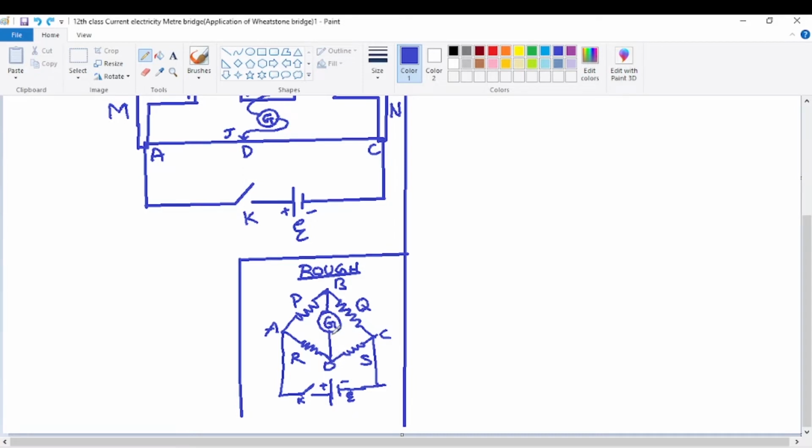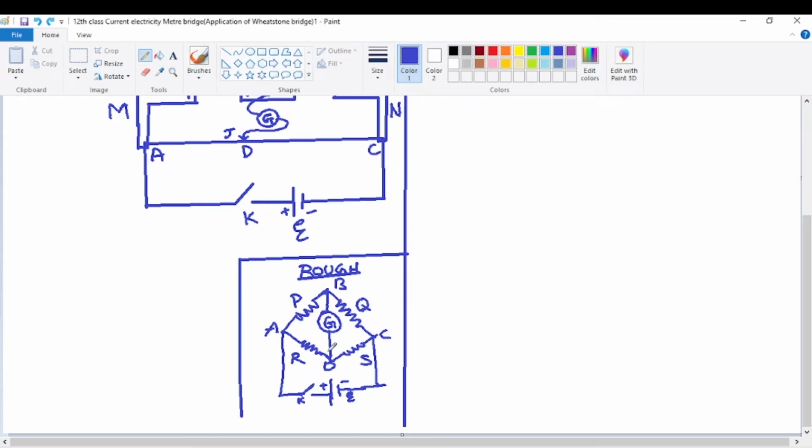So the Wheatstone bridge, when it's constructed practically, this we have already seen in the Wheatstone bridge itself. The main thing there is the two lower resistances, that is the bottom left and bottom right resistances R and S, are constructed from a single uniform resistance wire of exactly 1 meter length.